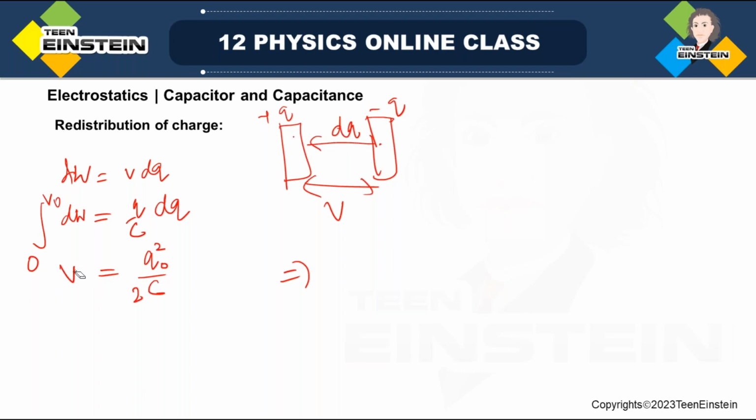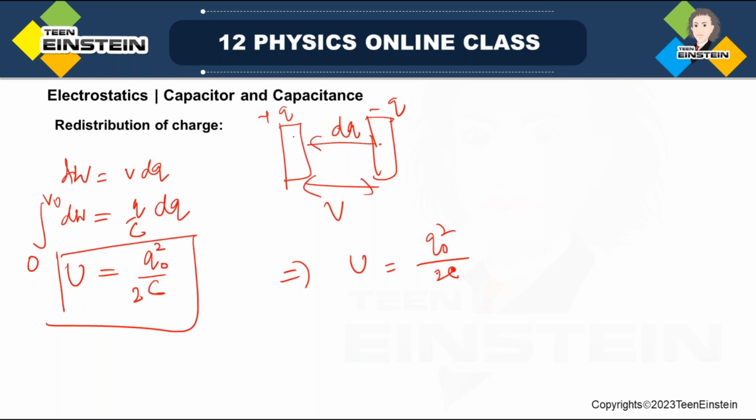Better to write this as U, electrostatic energy stored. So Q naught square by 2C, this is the energy stored, total energy stored by the capacitor.